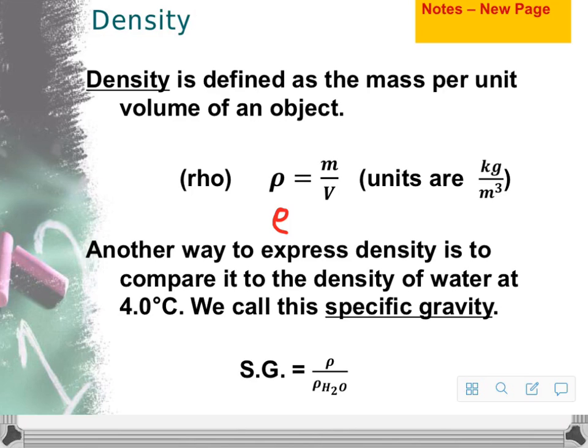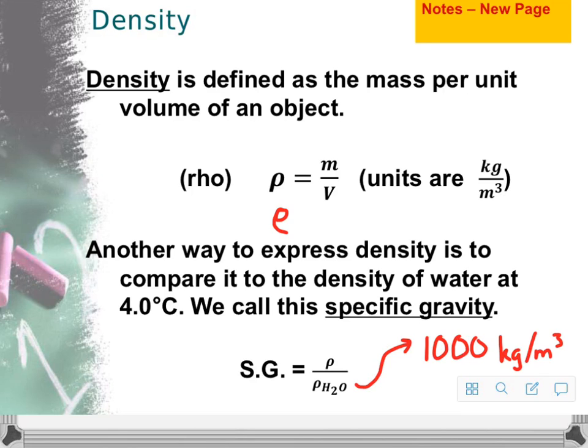Okay, so it is exactly 1,000 kilograms per cubic meter. All right, so that's density.